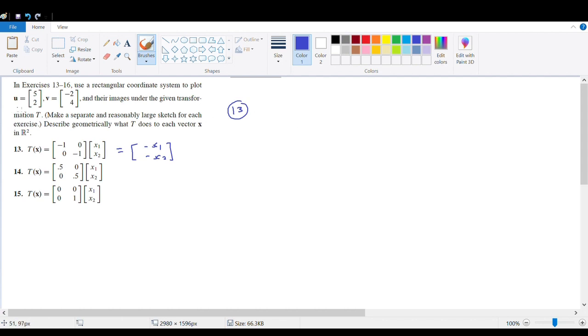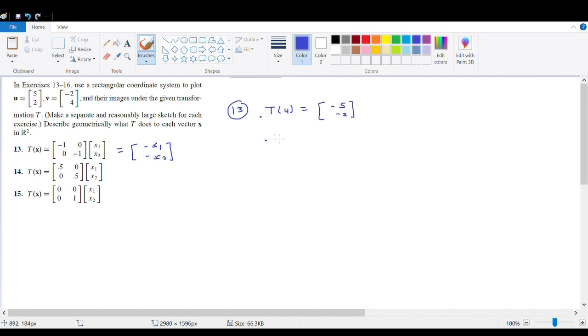Now our x1 is 5 and our x2 is 2, so T of u will be equal to minus 5, minus 2.